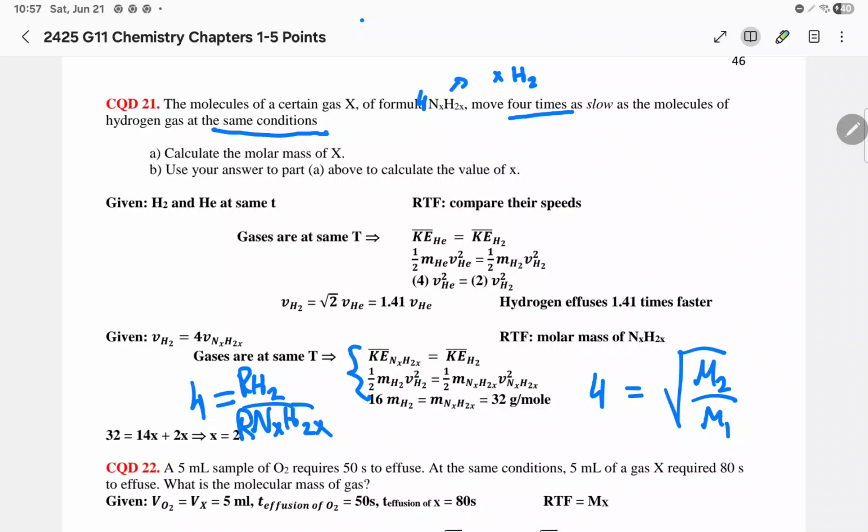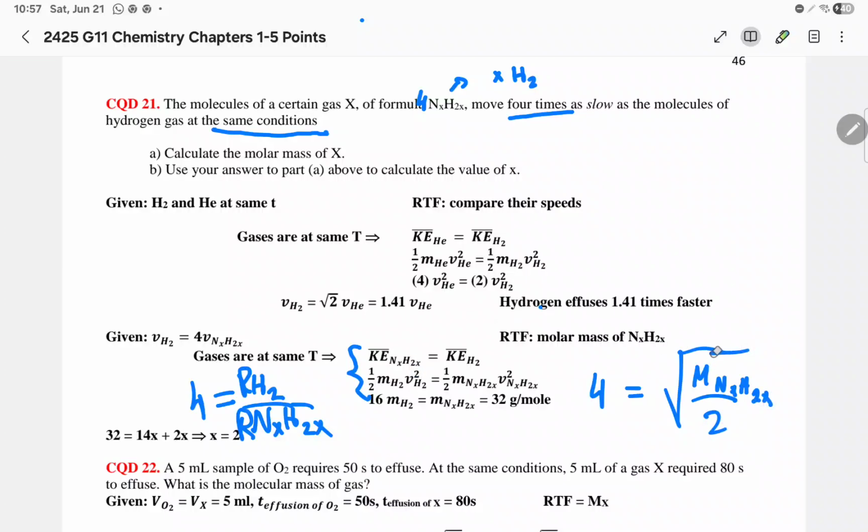So 4 equals the radical of the molar mass of H2X over 2.